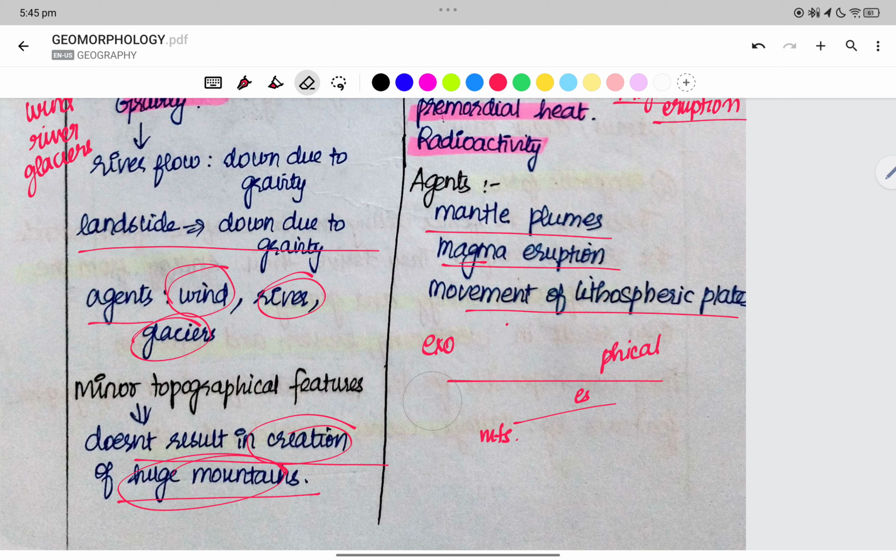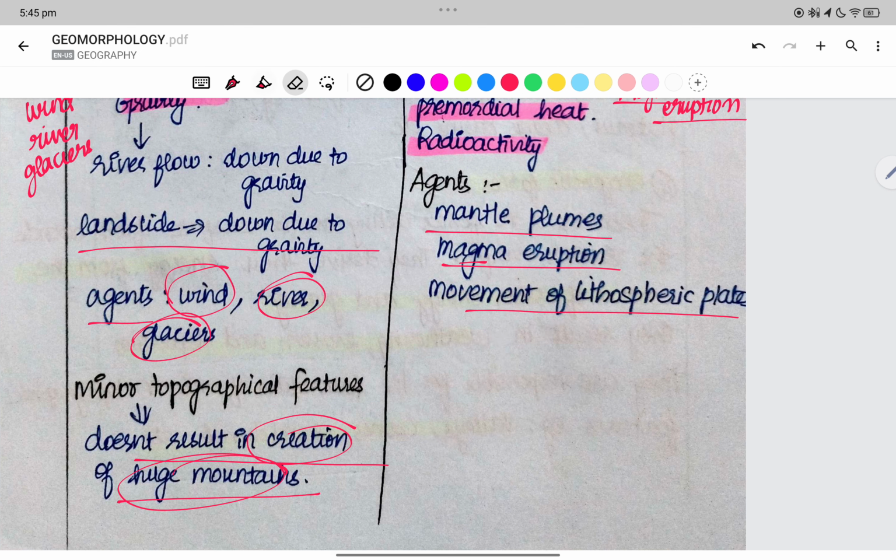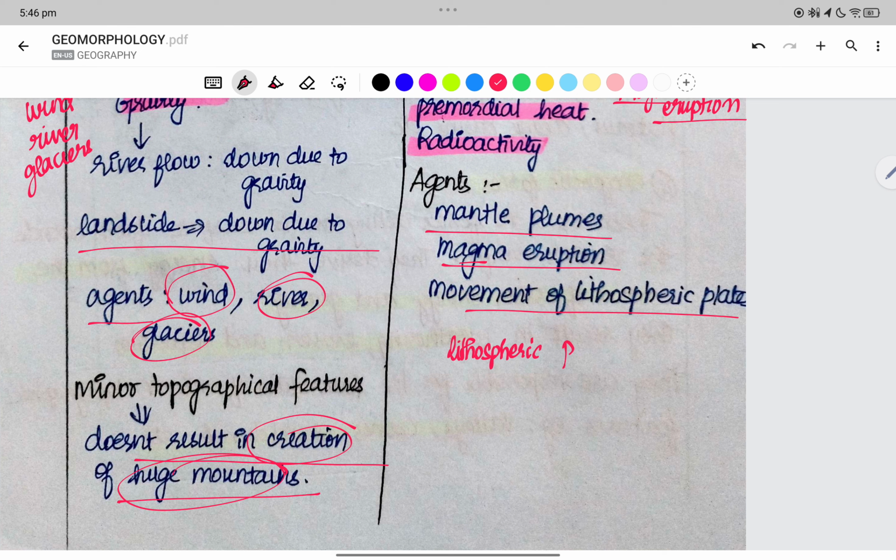So the agents are going to be the mantle plume, magma erupting, and the lithospheric plates moving.